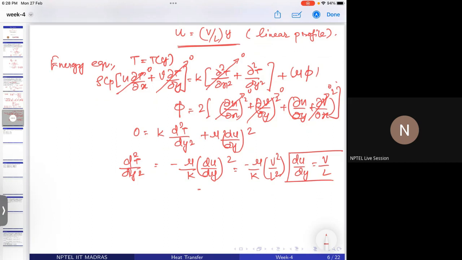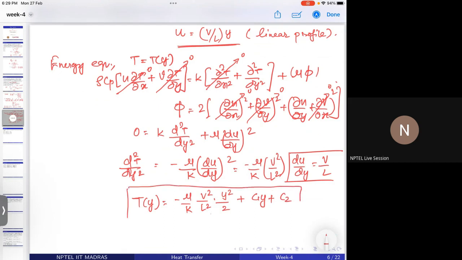So if you integrate it, what will be T of y? Minus mu by k V square by L square into y square by 2 plus C1 y plus C2.